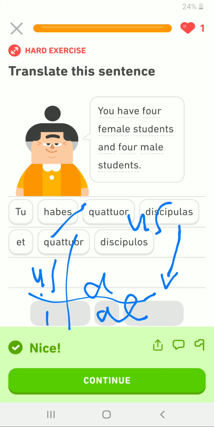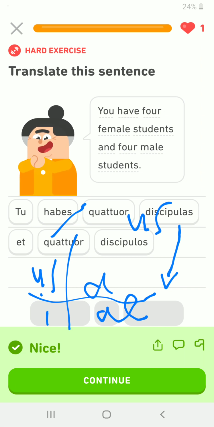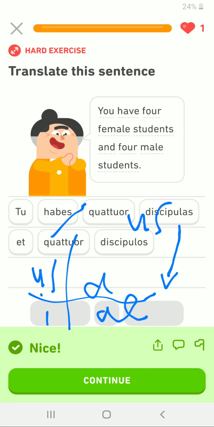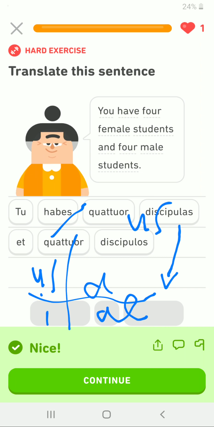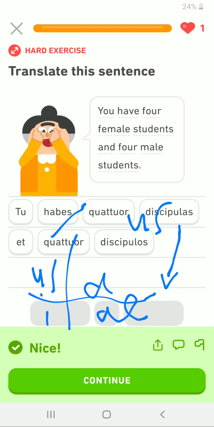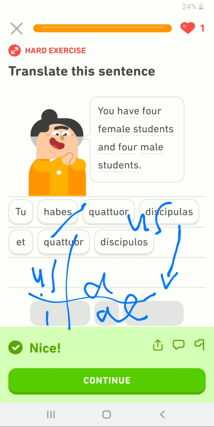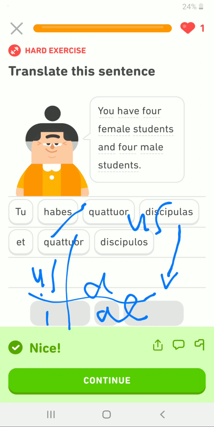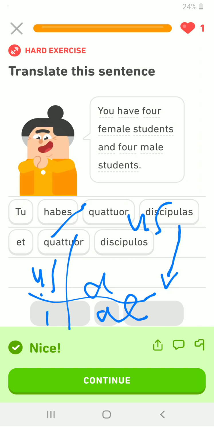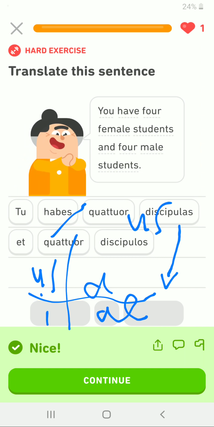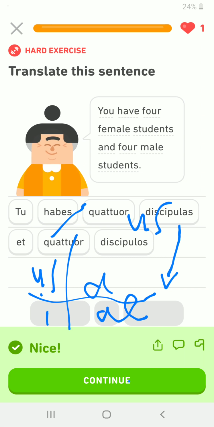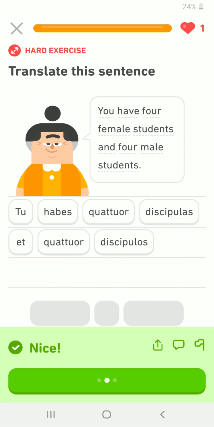What do I have? Let's say I have habeo, ego habeo. Let's say I have a book, so libros. It should be libros, no? I don't know. So we still have to figure everything out.